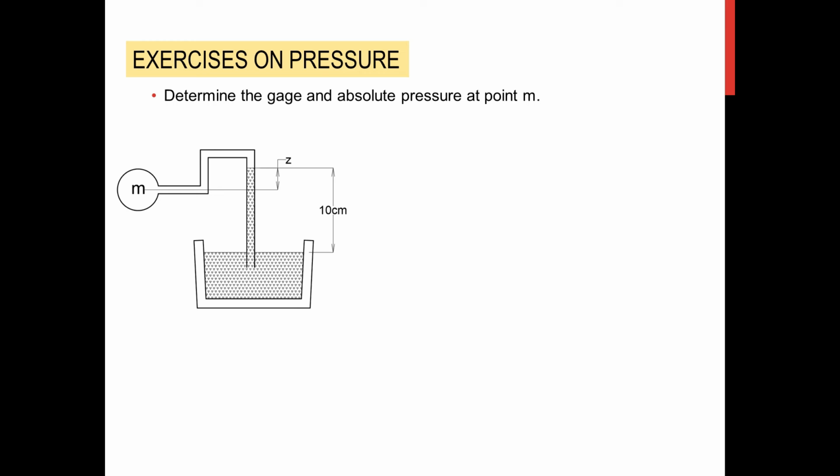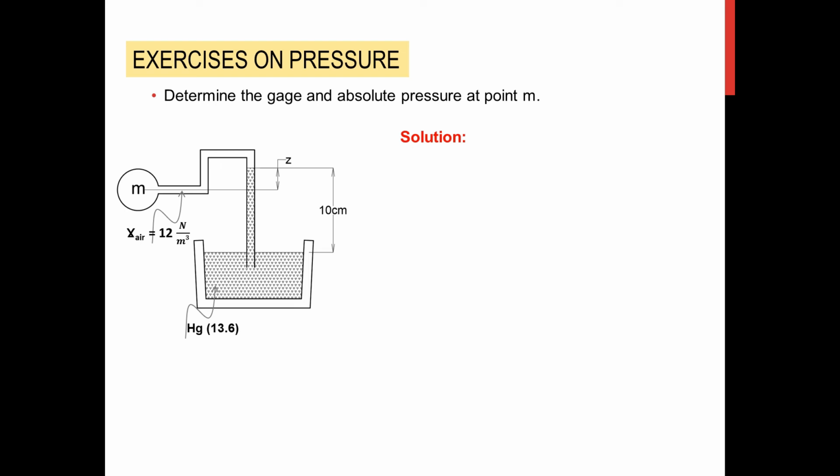The given head is 10 centimeter and the involved liquid here is again mercury, 13.6. Our task is the pressure at point M, given that this is air having a gamma of 12 Newton per cubic meter.